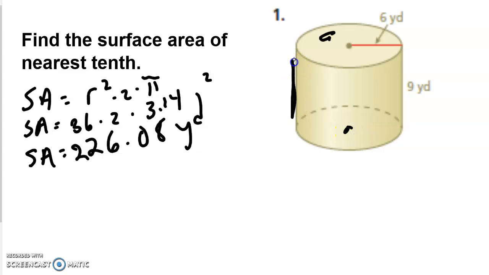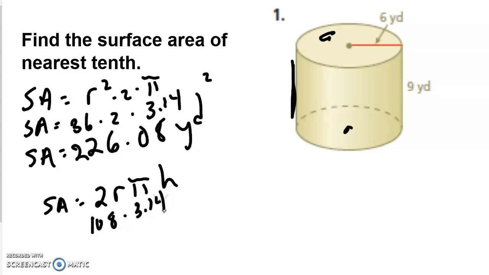I still need to do this lateral surface area. And for us, that's going to be 2 times the radius times pi multiplied by the height. Again, whatever order you want to do it in. So we're talking about 2 times 6, which is 12. The height is 9. So I have 108 times 3.14.